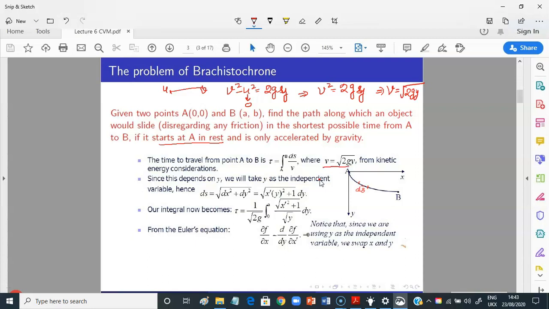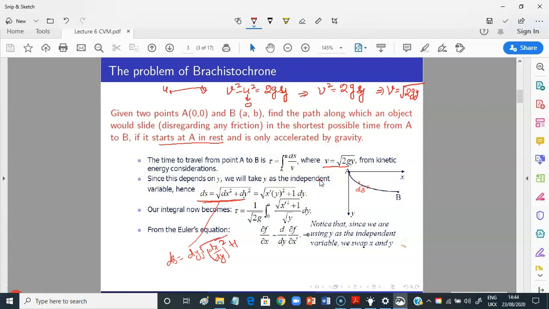Now what about this ds? I have already told you the arc length in a plane curve is given by this formula, ds equal to under root of dx square plus dy square. If I take dy outside, we are left with the situation ds equal to dy under root of (dx over dy) square plus 1.